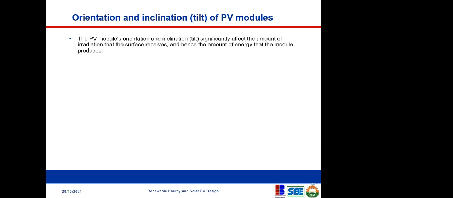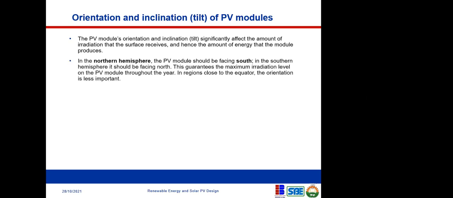They significantly affect the amount of irradiation that the surface receives, and hence the amount of energy that will be produced. So in the northern hemisphere, the PV module should be facing south. There's a diagram to explain this, but just keep this in mind.